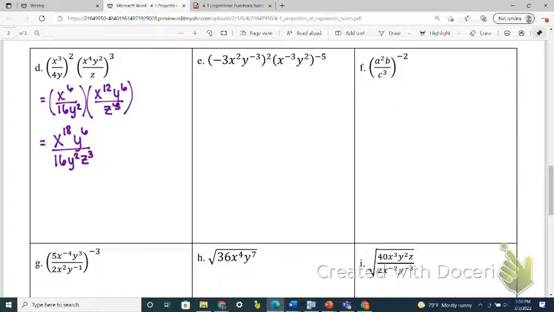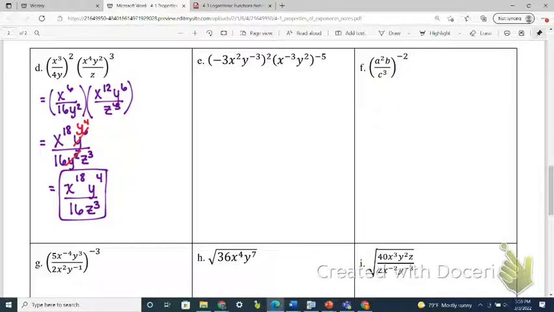I have more on top, so they're going away completely from the bottom. 6 minus 2 is y to the 4th. So my final answer is x to the 18th, y to the 4th, over 16, z to the 3rd.